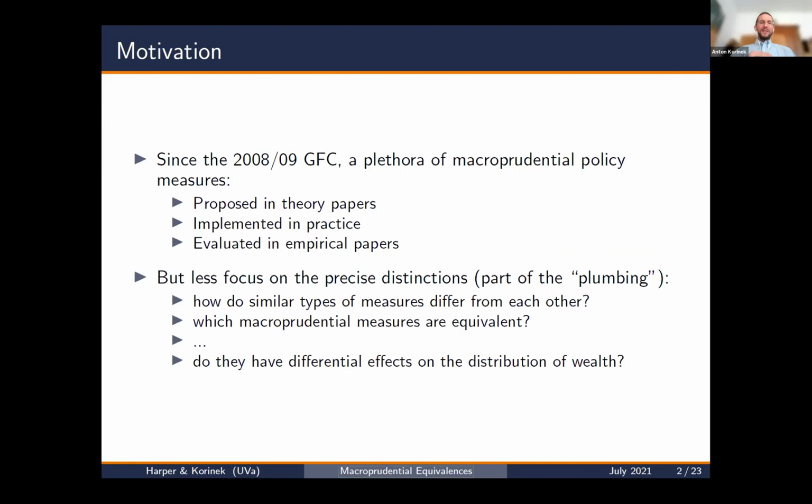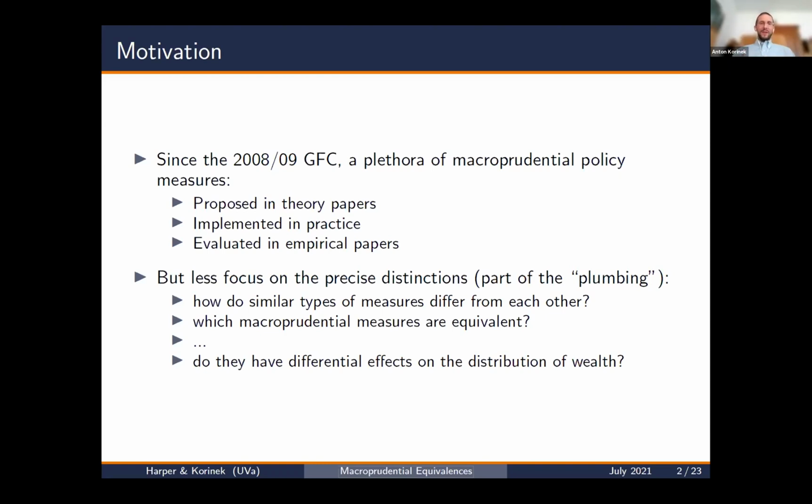But there has been less of a focus on the precise distinctions between the different measures proposed. That was considered as part of the kind of plumbing of the regulatory system, which in our view has received insufficient attention. So the focus of this paper is how do similar types of macroprudential measures differ from each other, or when are they in fact equivalent?